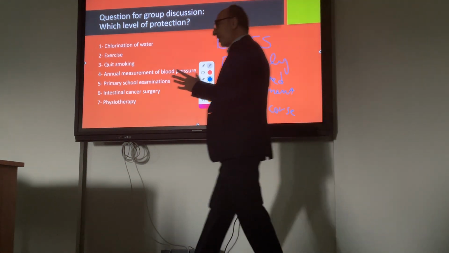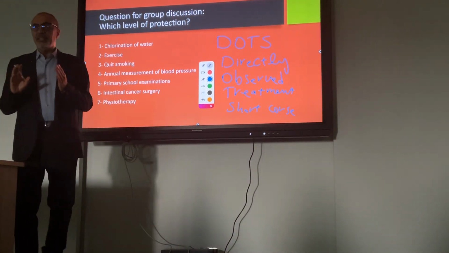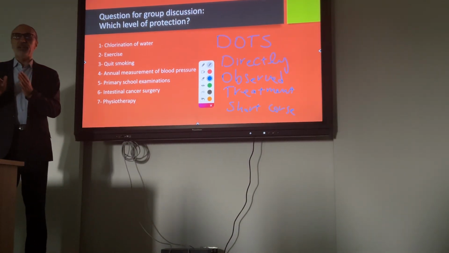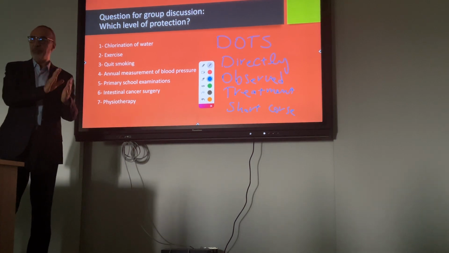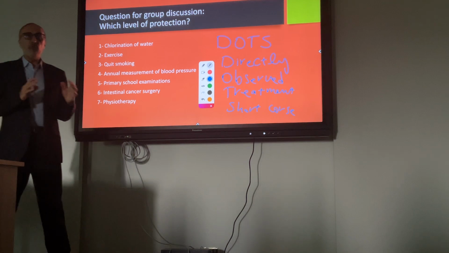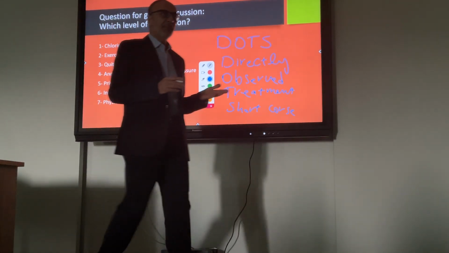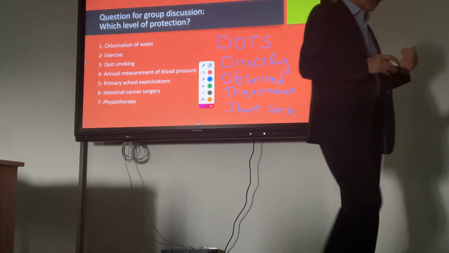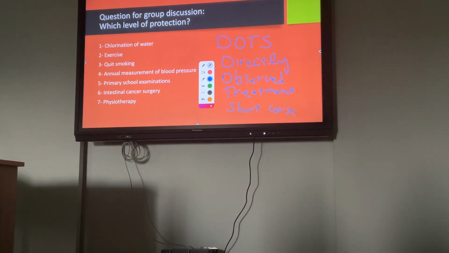So in some cases, it may sometimes be difficult to classify between primary, tertiary, and secondary. Don't worry, because it is natural, because some interventions actually have both primary and tertiary nature.